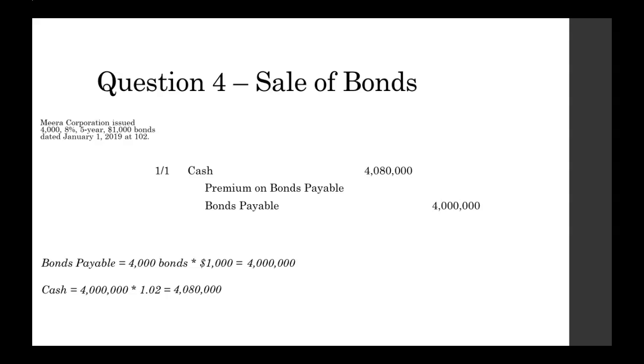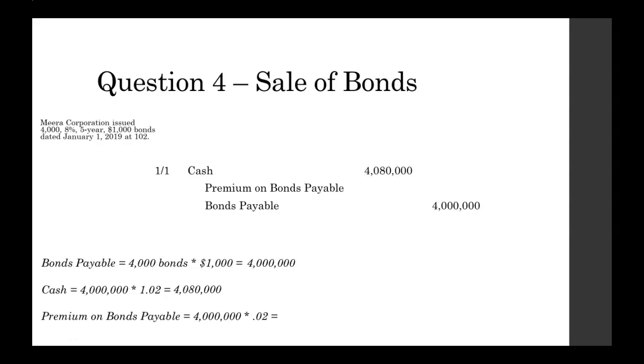So now our last account, premium on bonds payable. Again, you could just take the difference between your debits and credits, because you know that your debits and credits have to equal. But how does this number actually come about? It's the amount over 100 that you issue at.